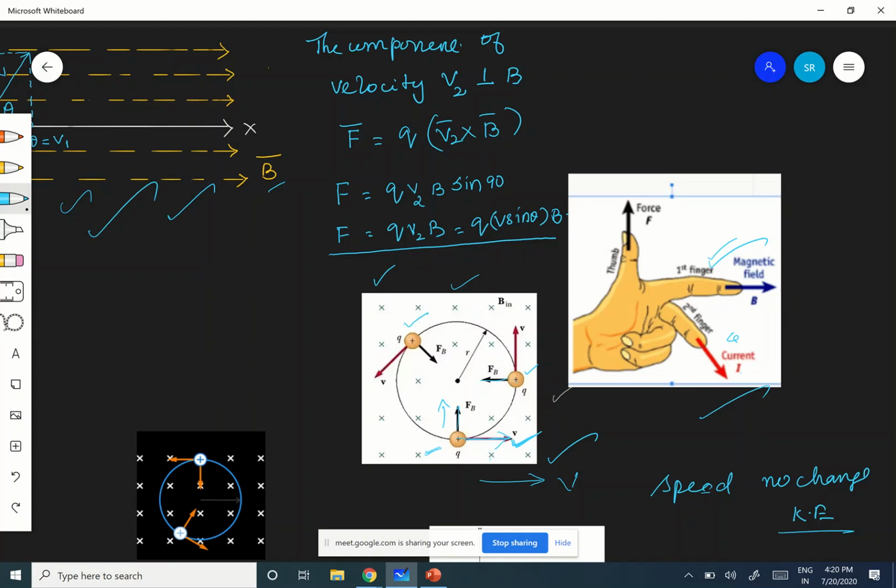If the particle comes here and you apply Fleming's left hand rule, this is the velocity, and the magnetic field is perpendicular to the plane of the board. Every time you apply it, you will come to know that the thumb is always towards O. Which means that it is continuously deflecting the particle, and the particle starts moving in a circular path.